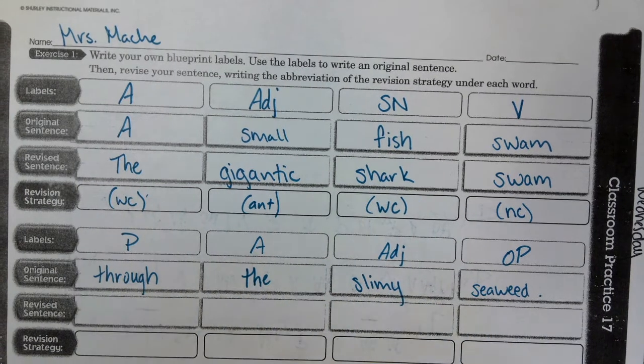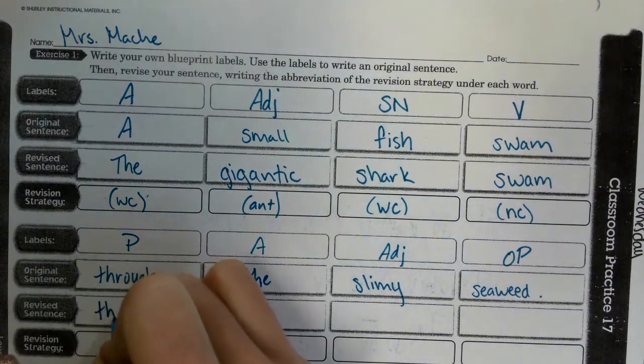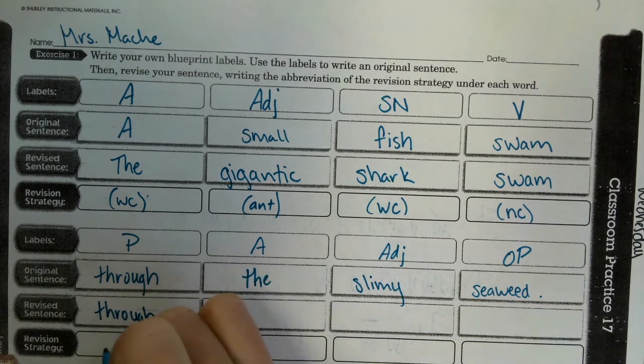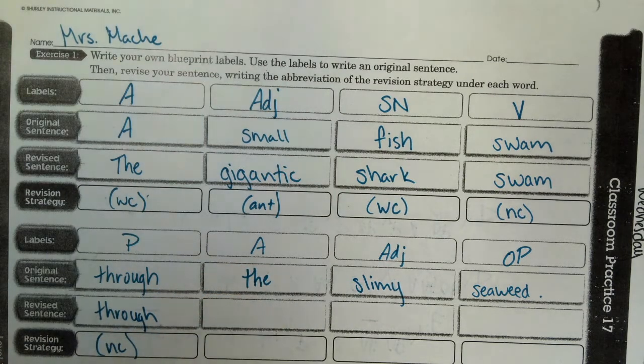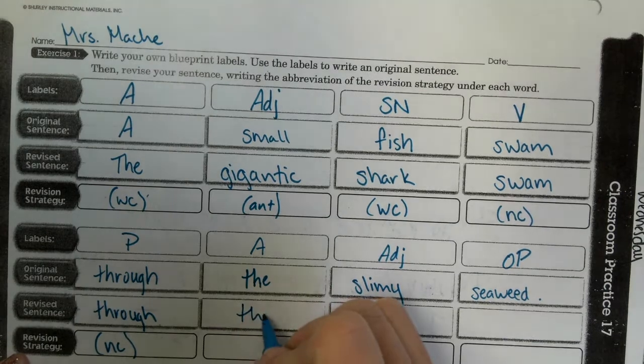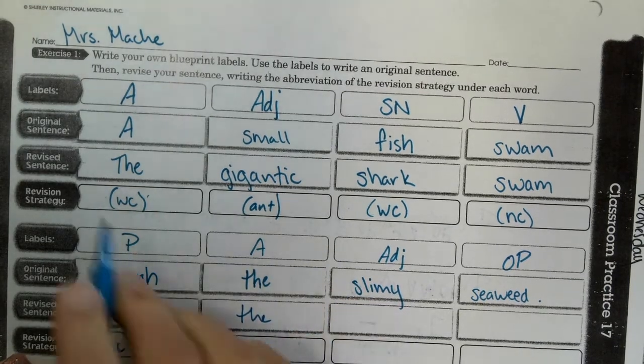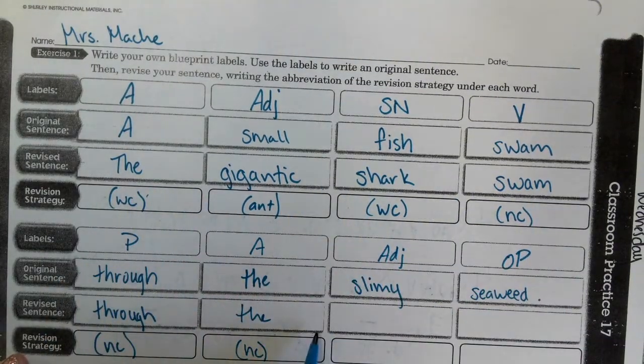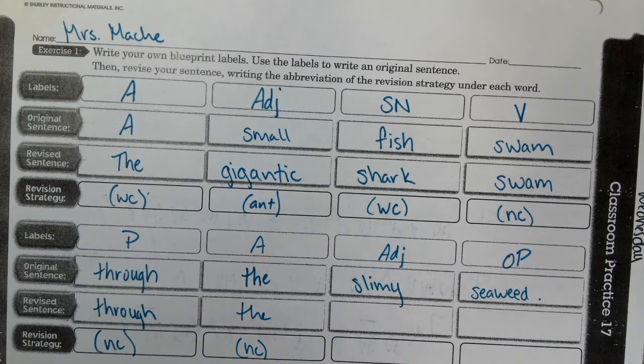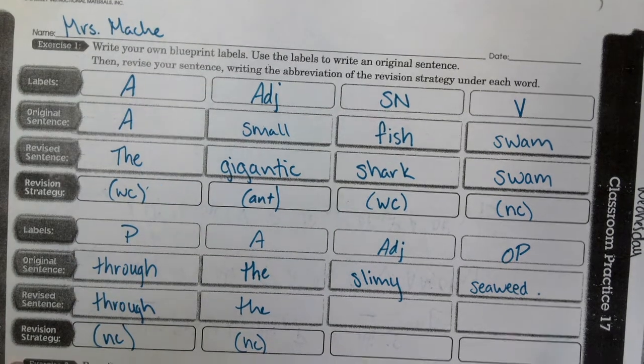What do you think? Keep it as through or change it? I'm going to keep it as through. Keep the gigantic shark swam through the... What do you think instead of slimy?